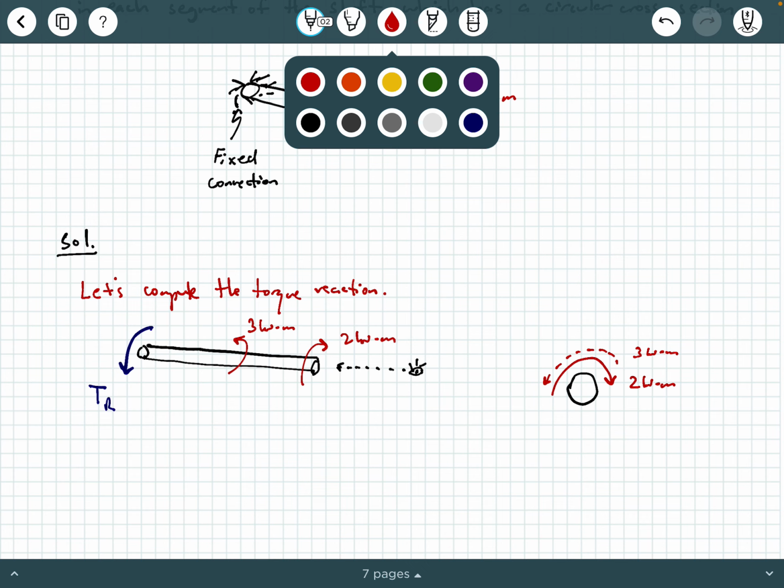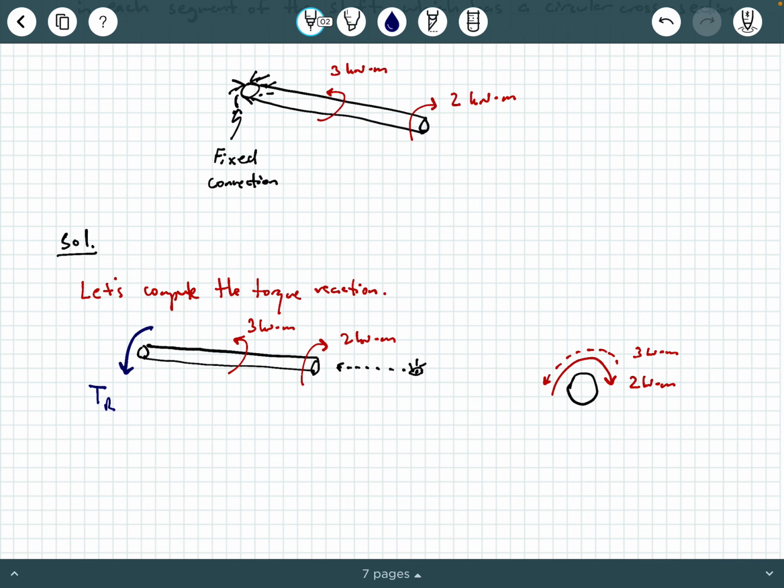Behind that 3 kilonewton meters, we have the torque reaction T sub r, which looks like it's going counterclockwise based on this viewpoint. So then I can say the sum of the torques equals 0, and counterclockwise is positive, based on that viewpoint.